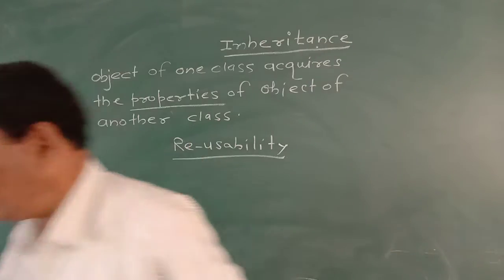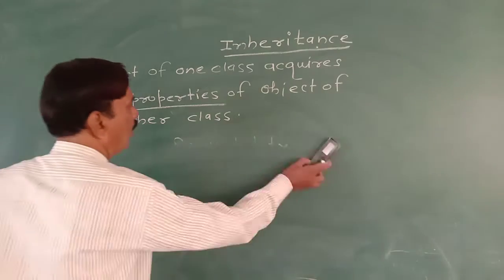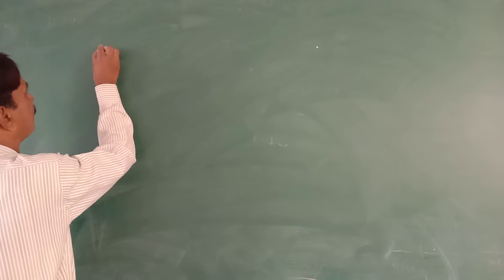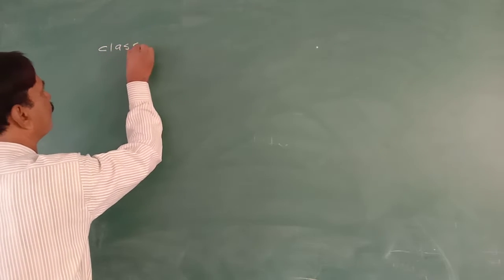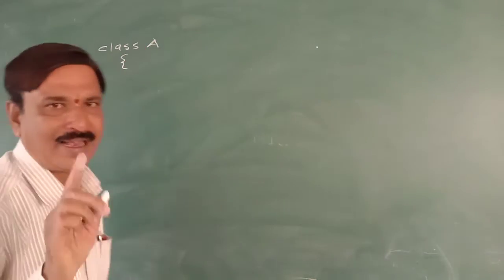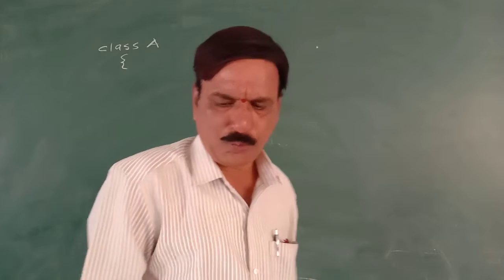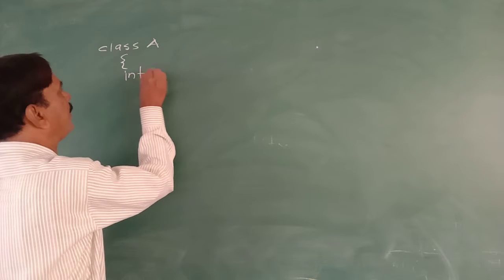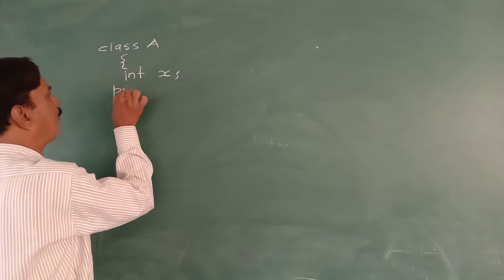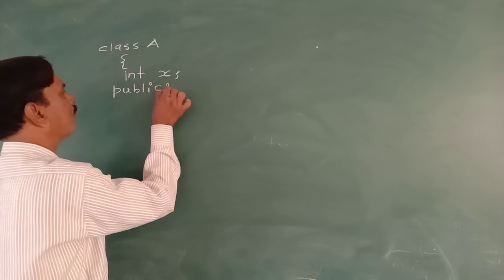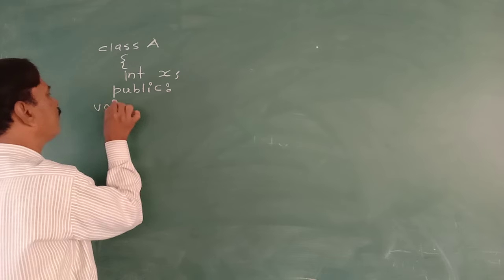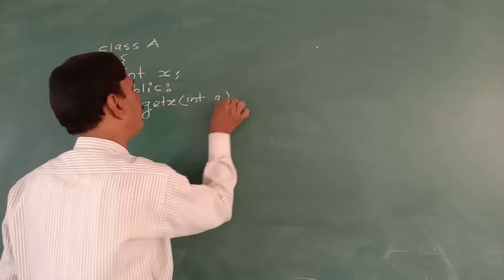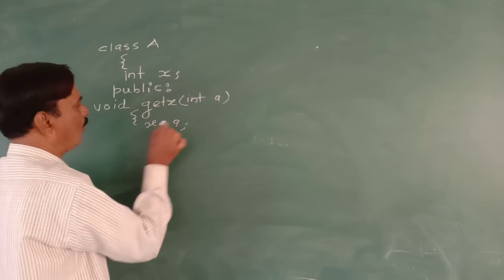Now we'll see. Let there be a class A, and its property is an integer x, and inside the public section, void get x, integer a, x is equal to a.